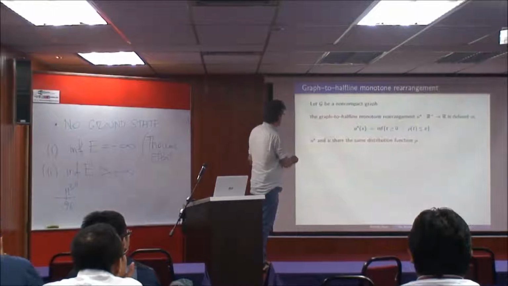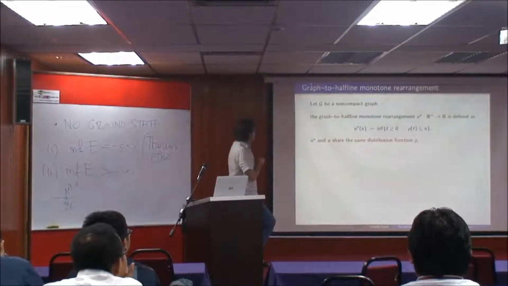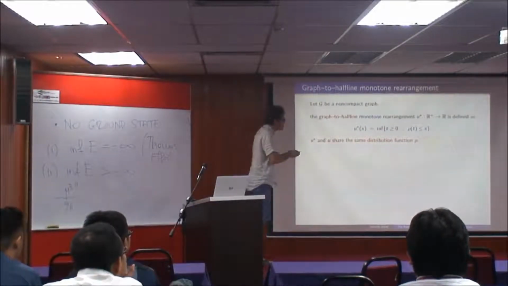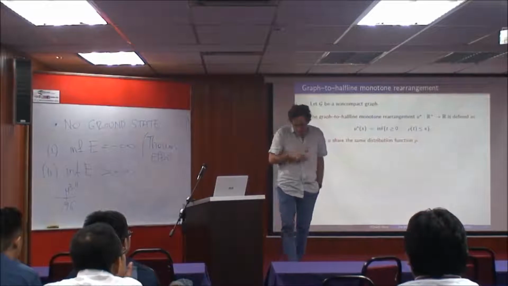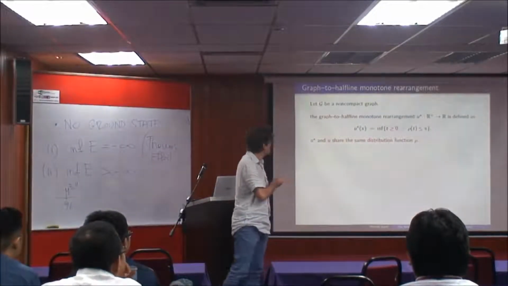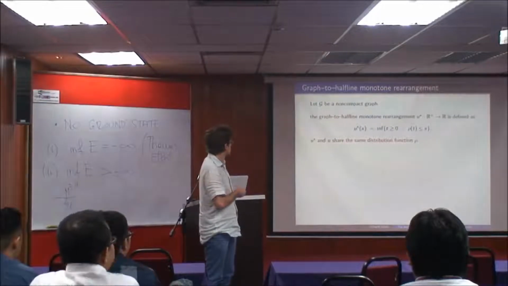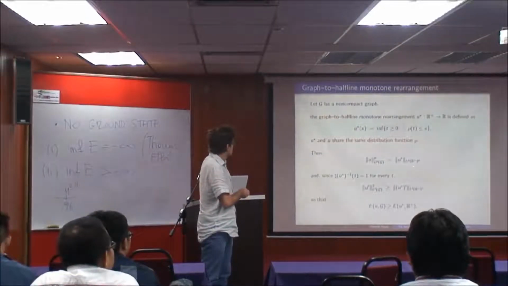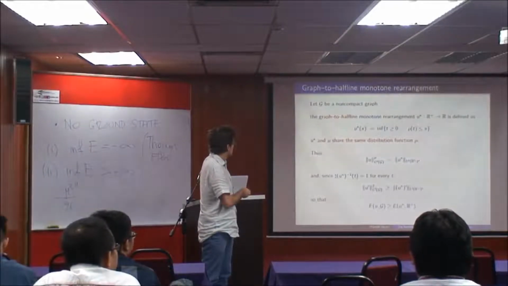And yesterday we introduced a first monotone rearrangement, which goes from the graph to the half line. So this is the formula, but generically u star can be understood as the inverse of the distribution function. Sorry, there is a mistake with the power.